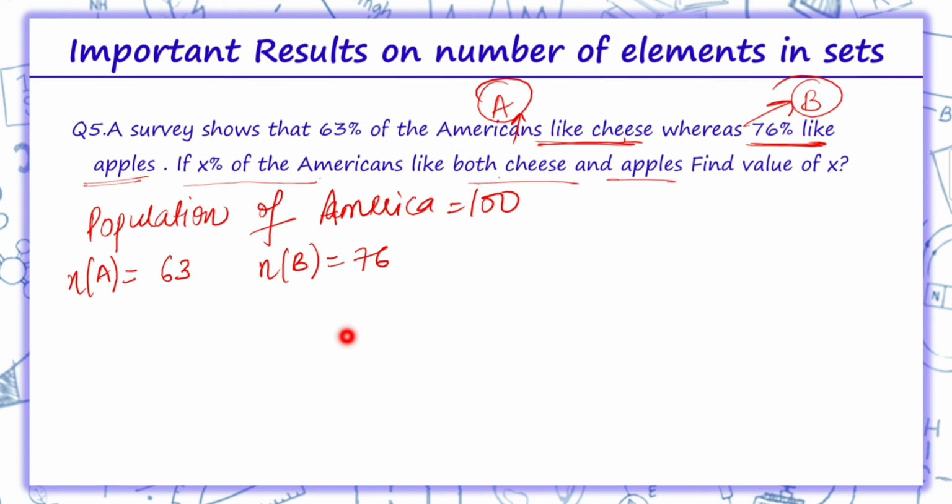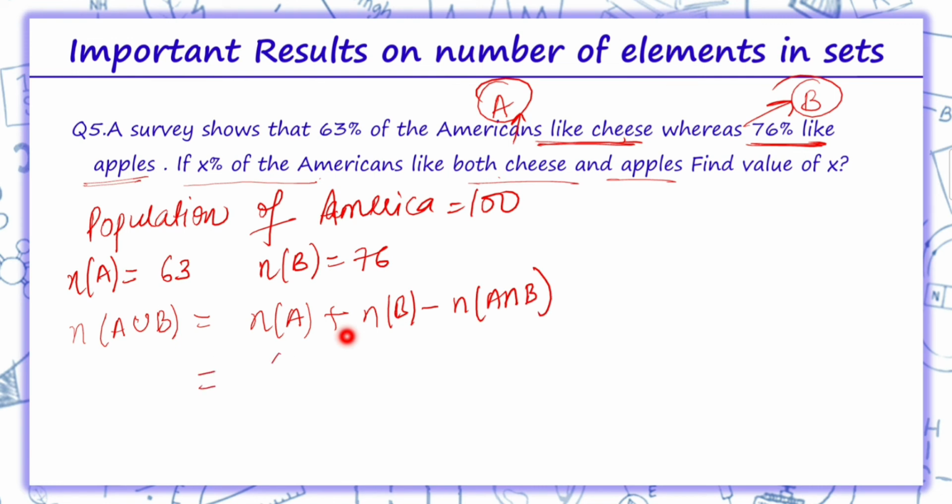Now as we know the formula, we'll be applying it over here. n(A union B) is equal to n(A) + n(B) - n(A intersection B). So this is equal to 63 plus 76 minus n(A intersection B). On solving it, we will get 139 minus n(A intersection B).